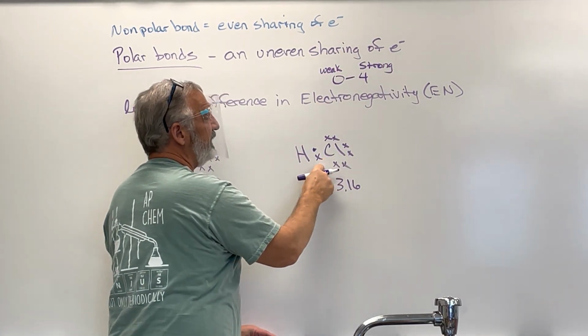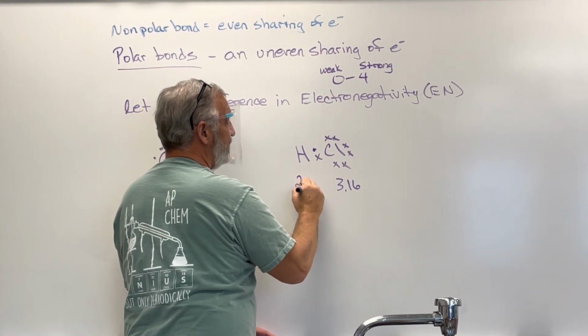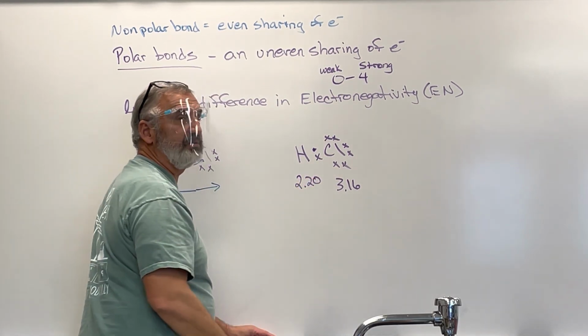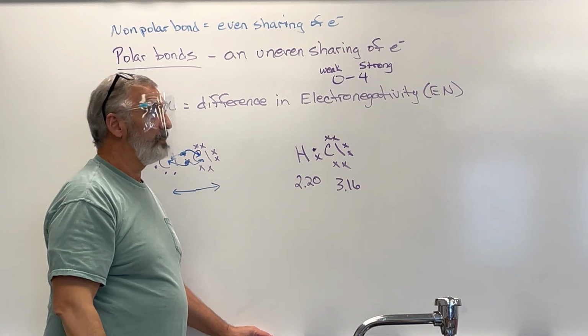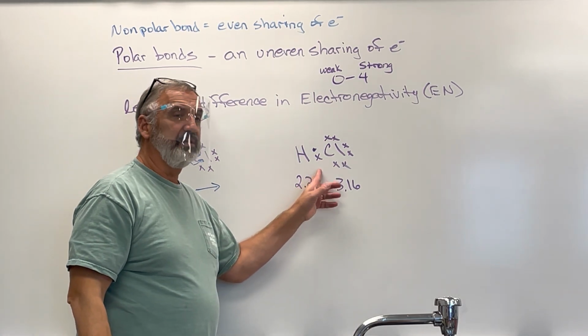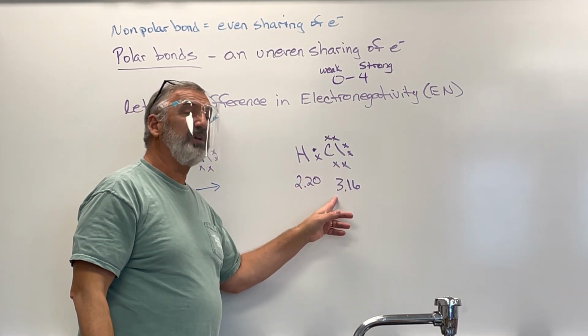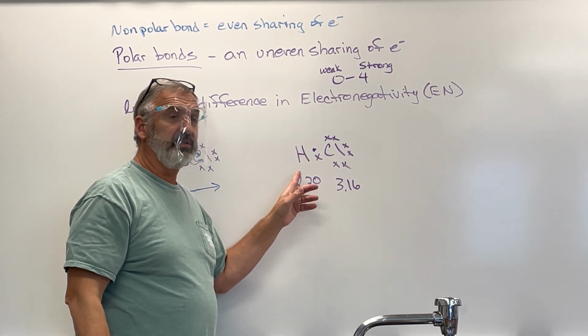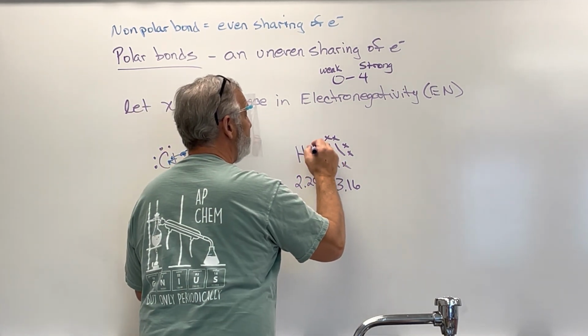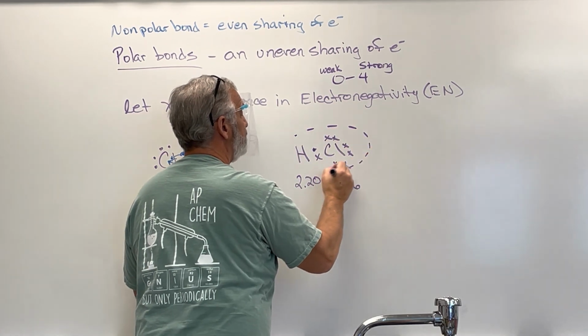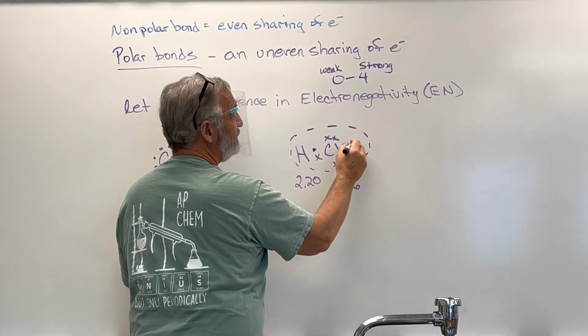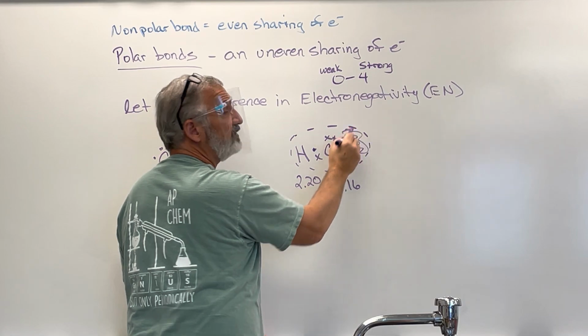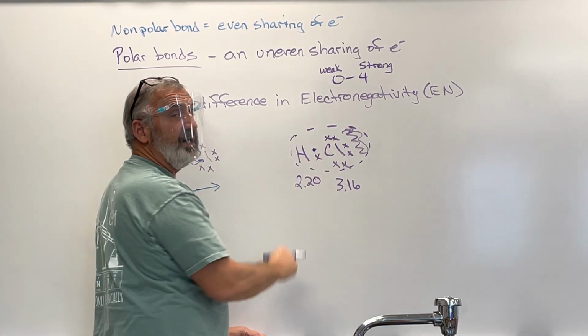So if we're looking at HCl, hydrogen's electronegativity is only 2.20. That means that chlorine has a much greater attraction for this shared pair of electrons than the hydrogen does. Which means that the electron cloud is not going to be evenly distributed. The electron cloud is going to be much heavier over here on the chlorine side than on the hydrogen side.